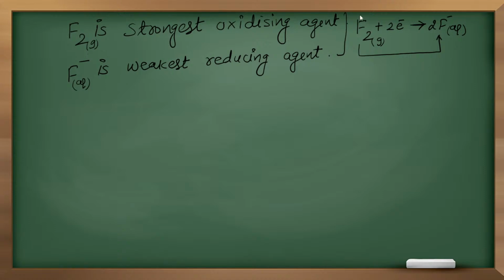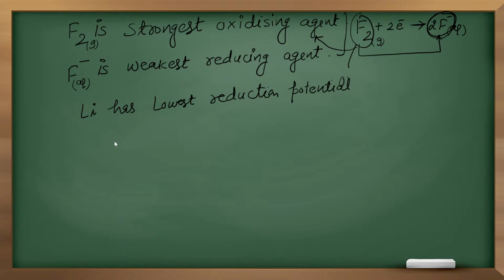Those species which gain electrons are strongest oxidizing agents, and those species which lose electrons are the reducing agents. So here fluoride has least tendency to lose electrons. That's why it is a weakest reducing agent. Now come to lithium. Lithium has lowest reduction potential. That means its tendency to reduce is very low. That's why it has tendency to lose electrons.